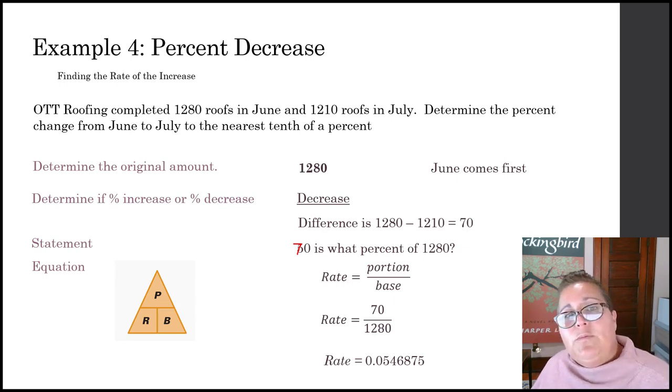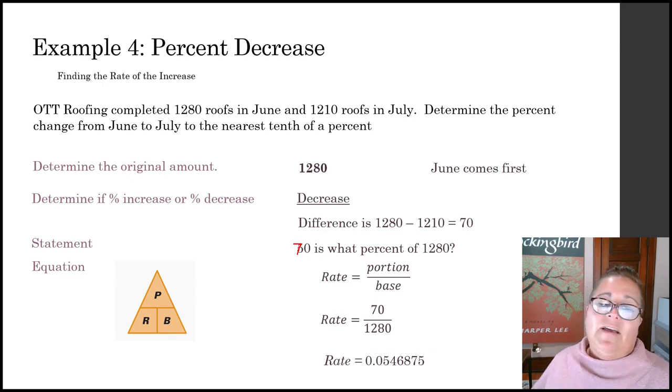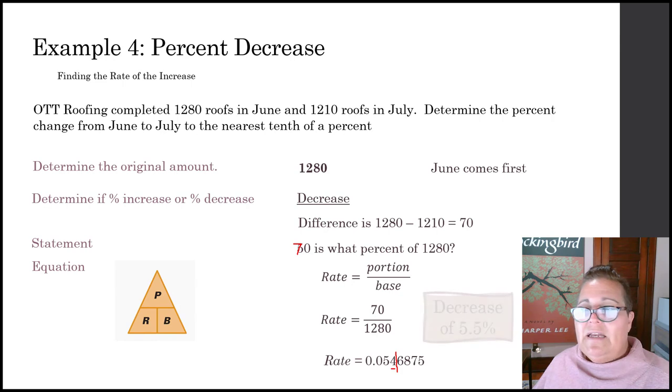To convert this to a percent, I'm going to multiply by 100, which is going to give me 5.46875. And then that 6, well, I need to round to the nearest tenth. So that 6 is going to round that 4 up to a 5, and I'm going to end up with 5.5%.